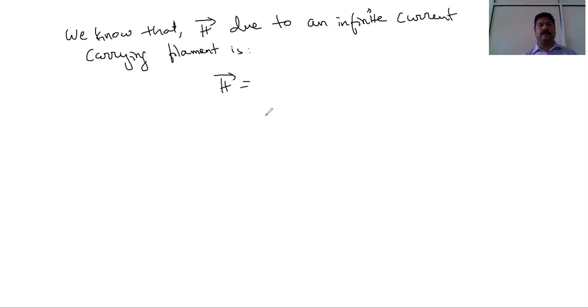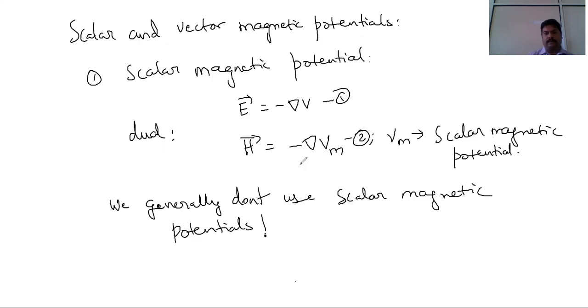If I have an infinite filament carrying current I, so I have I by 2 pi rho, A phi. Is it not? So this is what we saw and derived earlier. Correct?